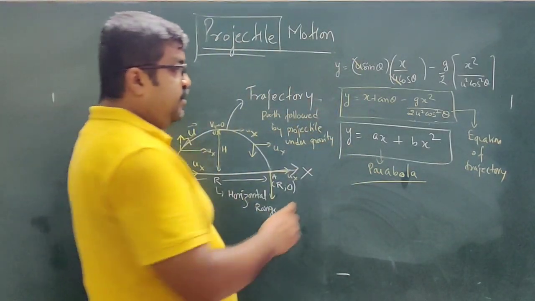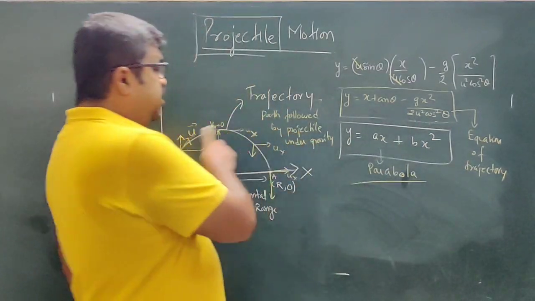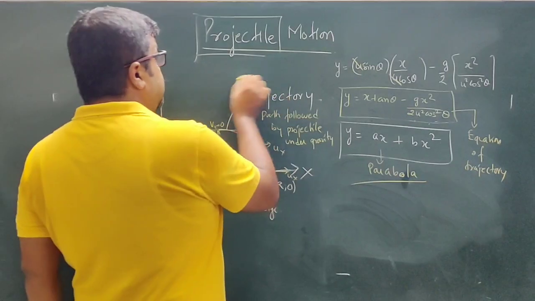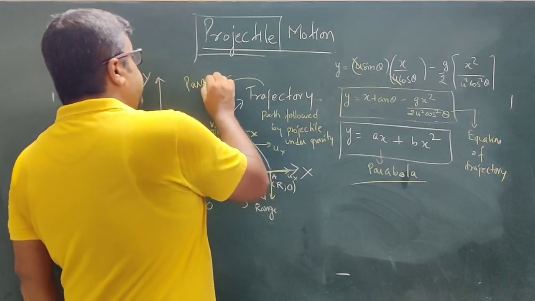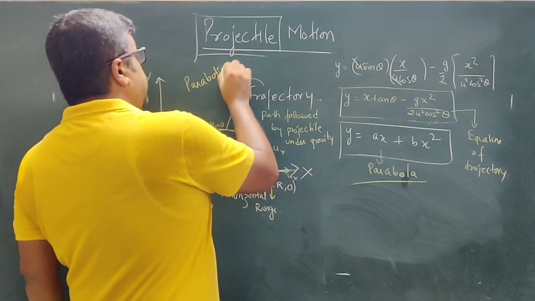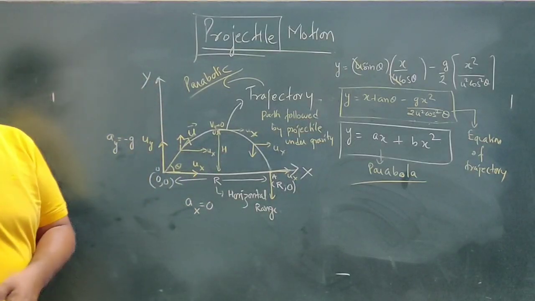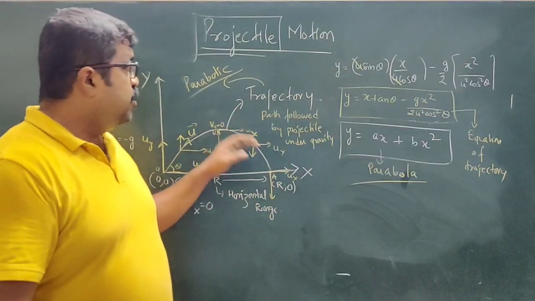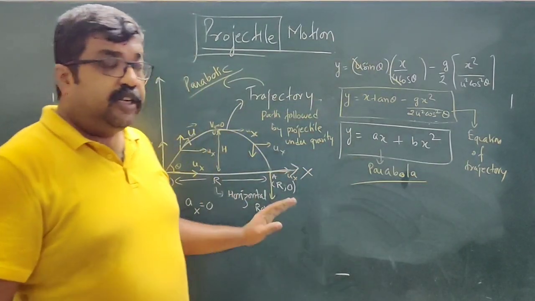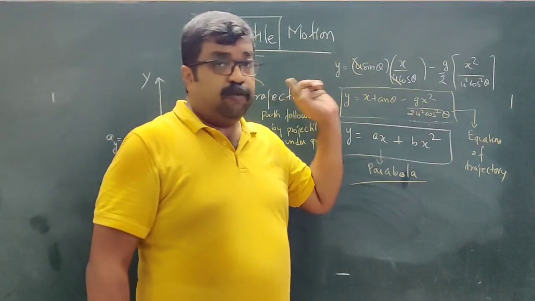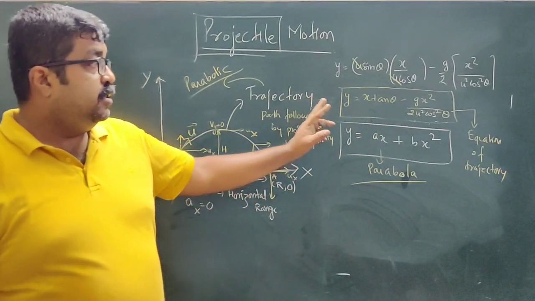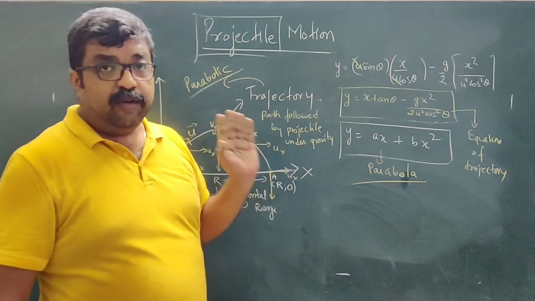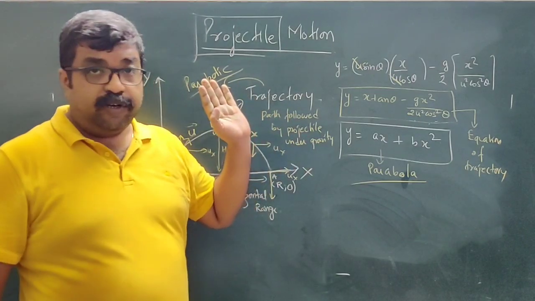So that means the shape of the trajectory is parabolic. In an exam, if you are asked to prove that the trajectory of the projectile is parabolic, then you have to make this deduction, finally obtain this equation and deduce that this is the equation of a parabola, and therefore the trajectory is parabolic. So this is the first important result.